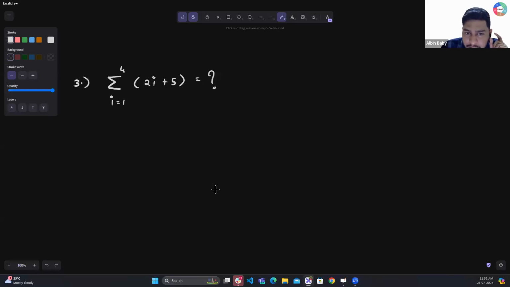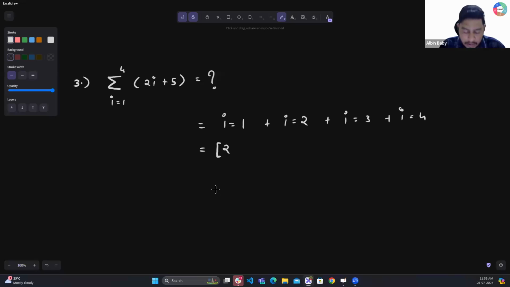Okay, so think always in this way. See, summation of 1 to 4 means you'll have to calculate for I equals 1 plus I equals 2 plus I equals 3 plus I equals 4 this time, right? When I equals 1, the formula will be 2 times 1 plus 5, right?